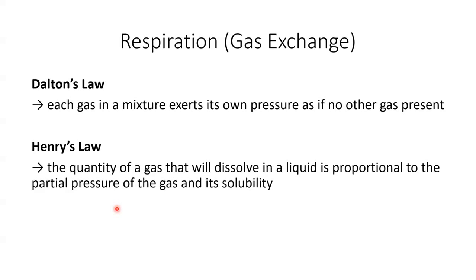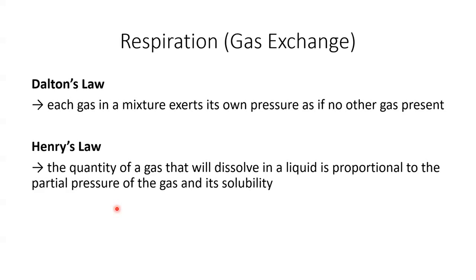Therefore, when the partial pressure of a gas is high, the gas can more easily dissolve and stay in the body fluids. It also talks about the solubility of a gas. So, for example, carbon dioxide is dissolved in blood plasma much more easily than oxygen. It's 24 times more soluble in blood than oxygen.